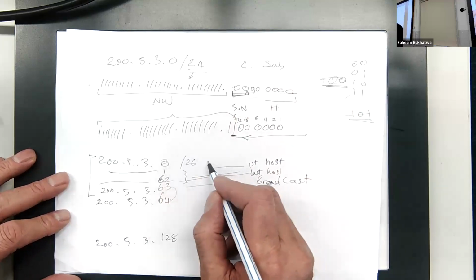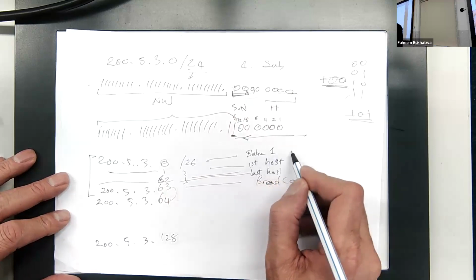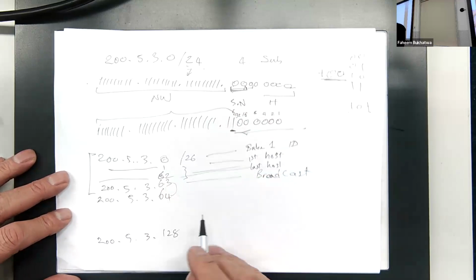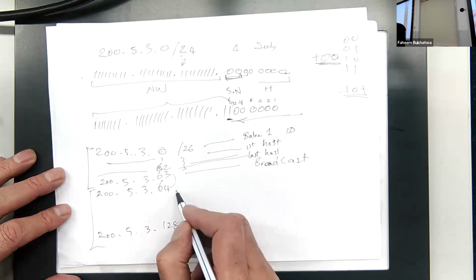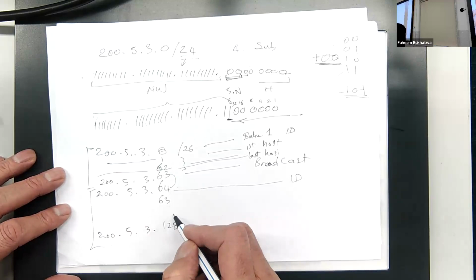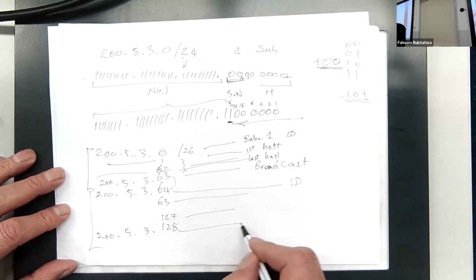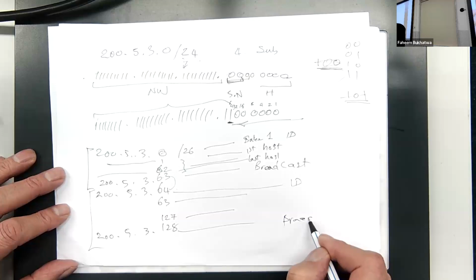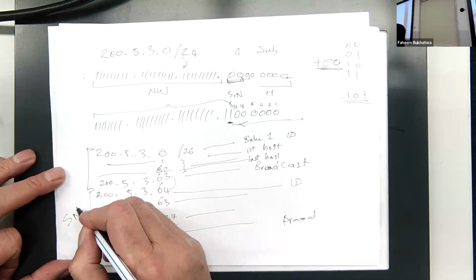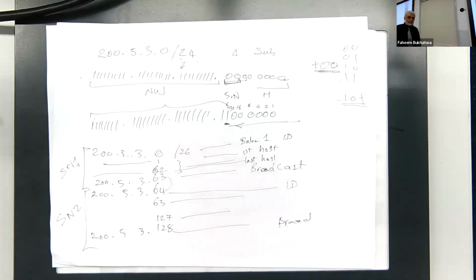The 0 is the subnet 1 identifier. With subnetwork number 2, this one is the identifier, 64 is the first available one, 126 is the last available one, and 127 is the broadcast for subnet number 2. You can go on with the divisions.